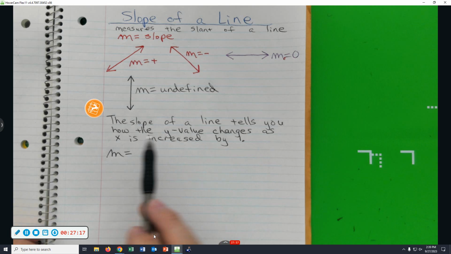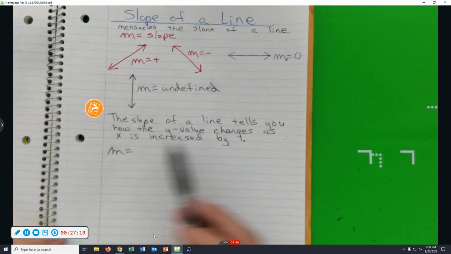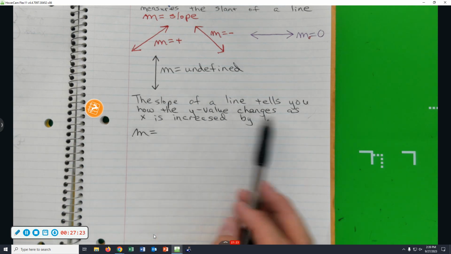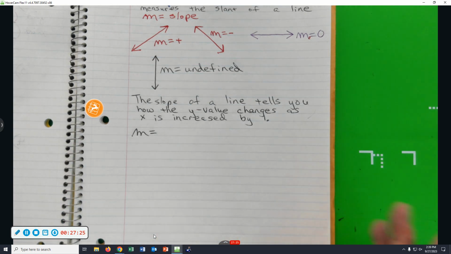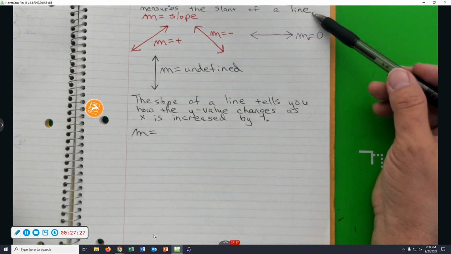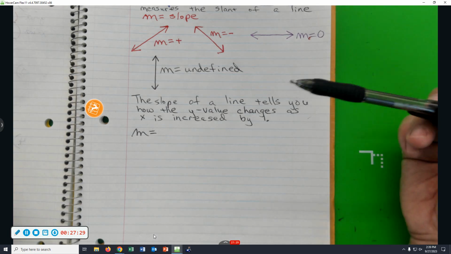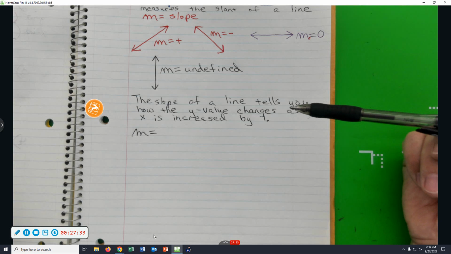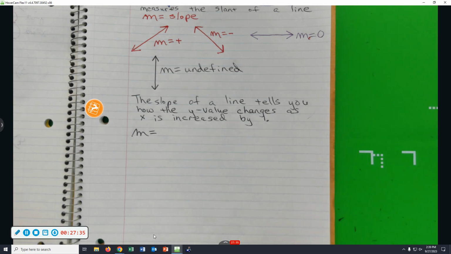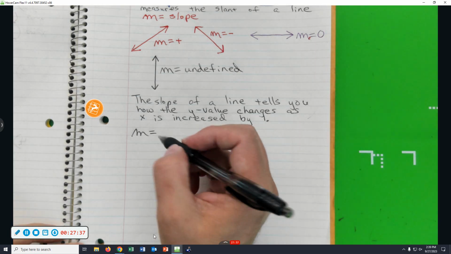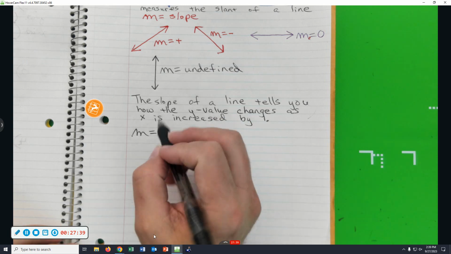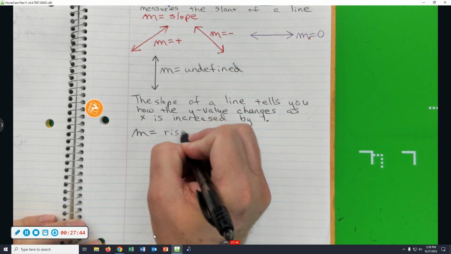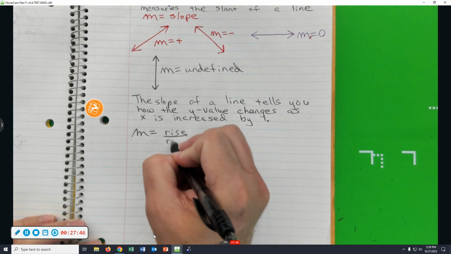We still have just a general understanding of slope. We know that it's measuring the slant, and we know that it's telling us how y changes when you start changing x. But in terms of a graph, a very common general definition of slope is rise over run.